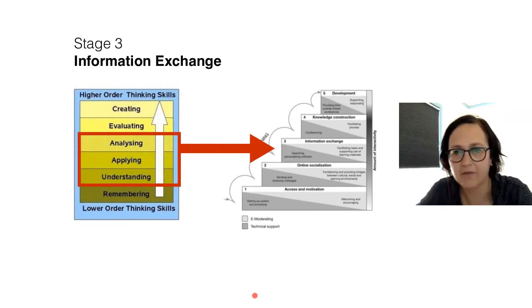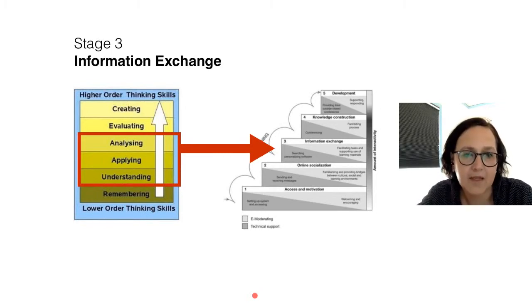So if we compare those two models here, I dare say, on an experimental way, for me, maybe understanding to analyzing is now on stage 3. That's what you do with the content.